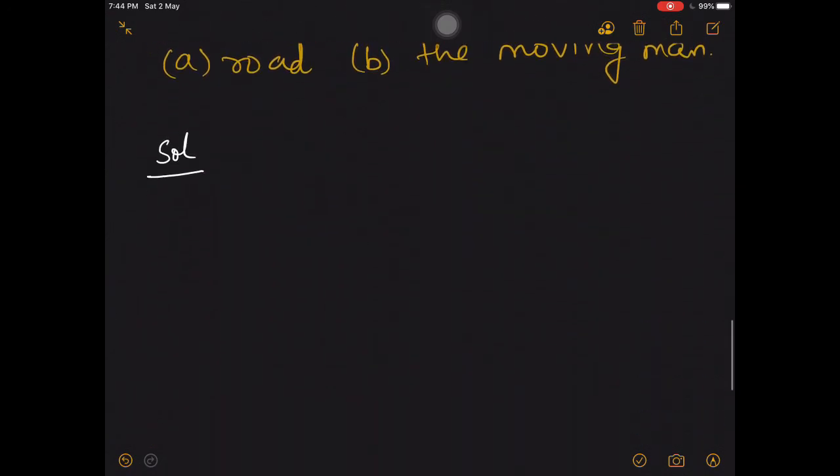Say I am drawing this as my Cartesian system. This is my vertical y dash, and this is my horizontal x dash. The man is standing on a road and has to hold his umbrella at 30 degrees with the vertical.